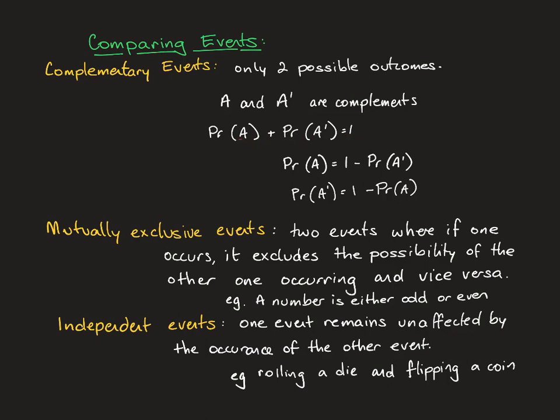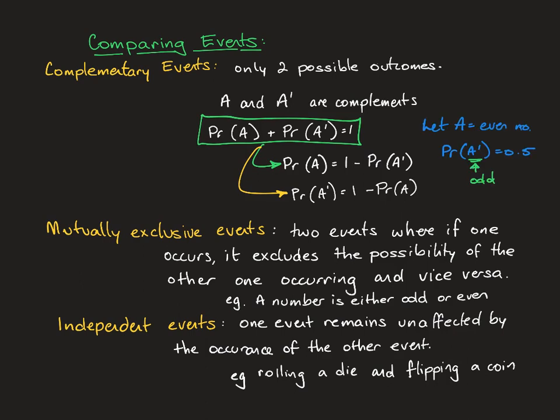If we take this equation here, we can rearrange it to get the probability of A is equal to 1 minus the probability of A naught, or the probability of A naught is 1 minus the probability of A. So if the 2 possible outcomes are odd numbers and even numbers, and the probability of odd is 0.5, the probability of even must also be 0.5.